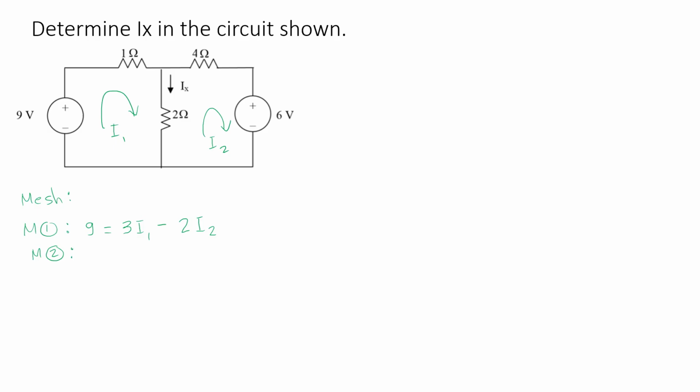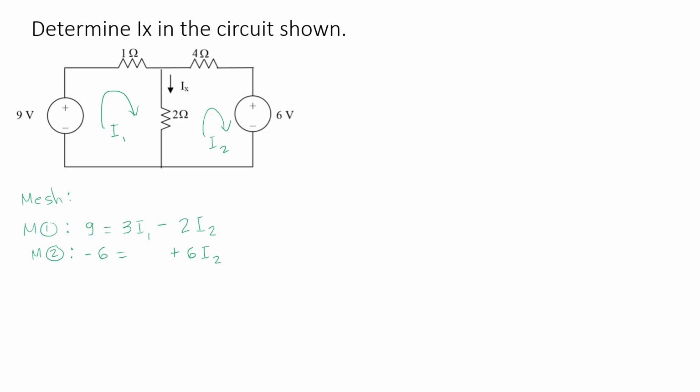Once more, by inspection, the voltage source in mesh 2 is 6 volts in the clockwise direction. That is a negative, so we have negative 6. This is now equal to, since we are in mesh 2, your I2 will be multiplied by the sum of resistances in mesh 2, and that is 6.